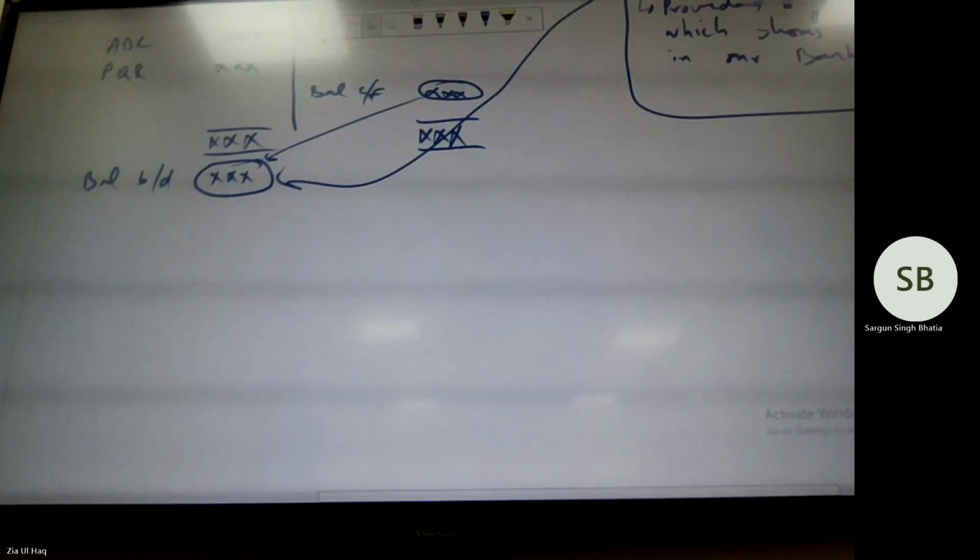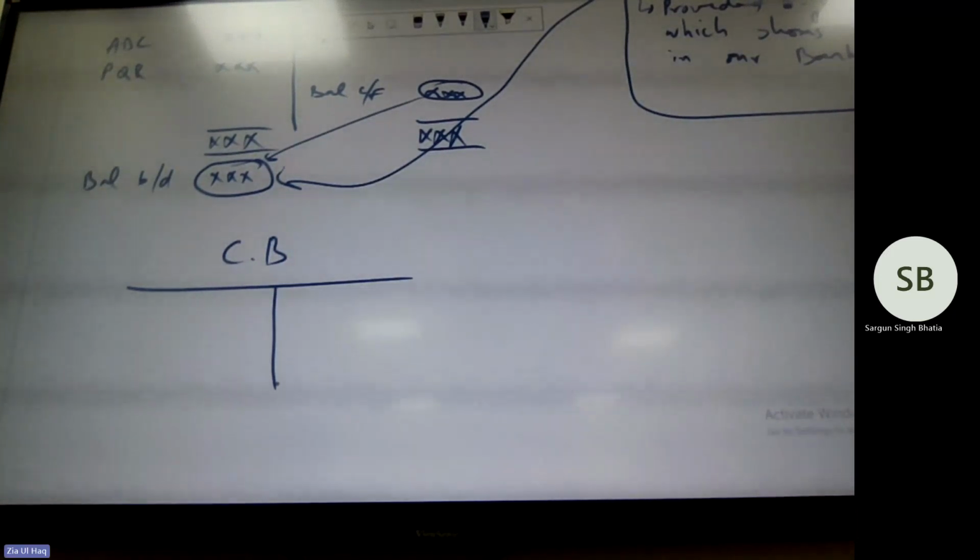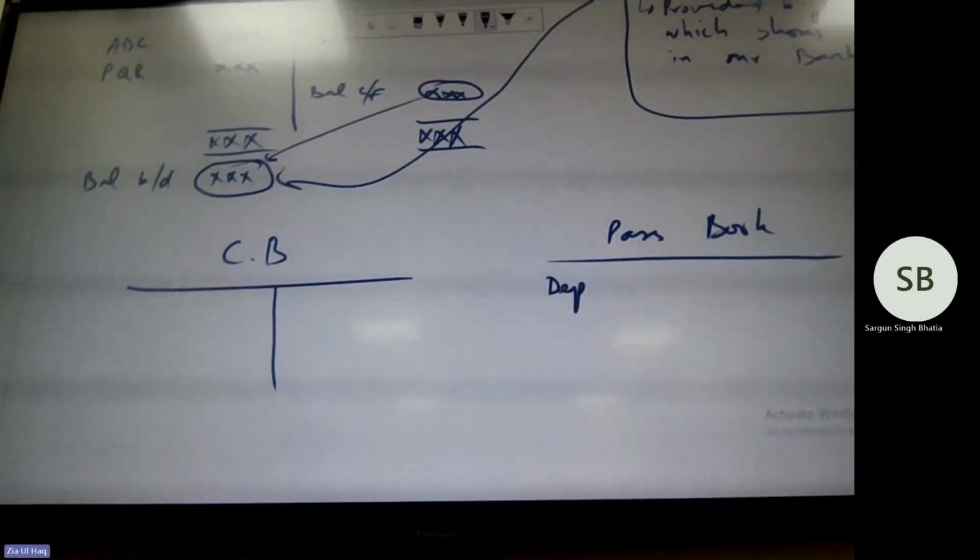Suppose we have prepared our cash book and there is a passbook. Suppose any deposit has been made to our bank account, so 5,000 has been deposited into our bank account. We will record it on the debit side of the cash book. Deposit means we have received this 5,000.